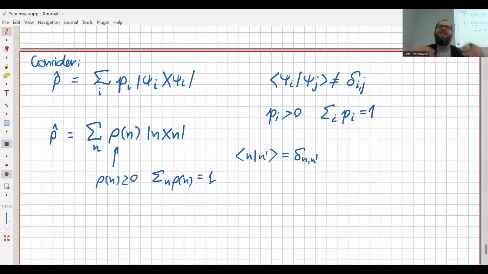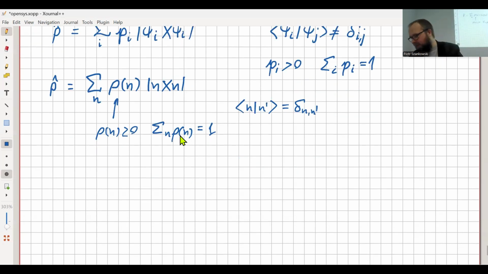Okay, so this is a simple example you can always take to show that mixed states have infinitely many, or at least more than one, representation as a convex combination of projectors. Okay, this is a thing to bear in mind. And why is it important?